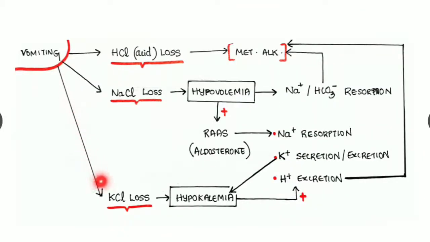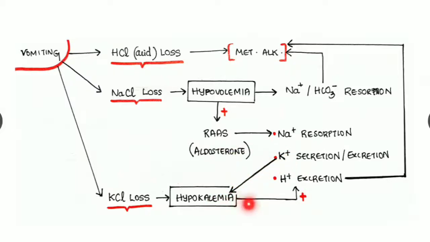Due to vomiting, there is potassium chloride loss. As a result, there is hypokalemia, reduced concentration of blood potassium levels. And from this, the potassium excretion due to activation of the aldosterone system again worsens this hypokalemia.